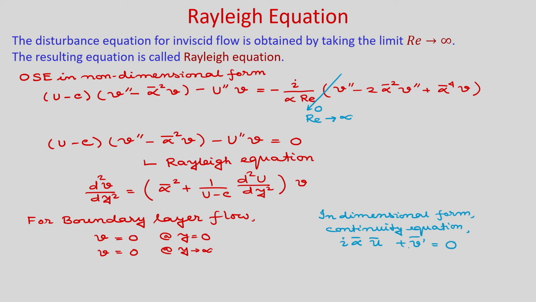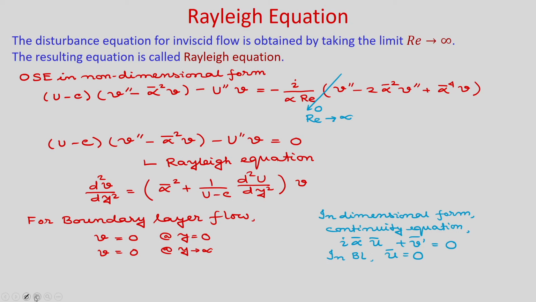The disturbances must vanish at infinity and at the walls, which we have already written here. So for boundary layer flow, u bar is equal to 0, and if these disturbances are 0 at the boundary and also at y tends to infinity, then v prime also will be 0.